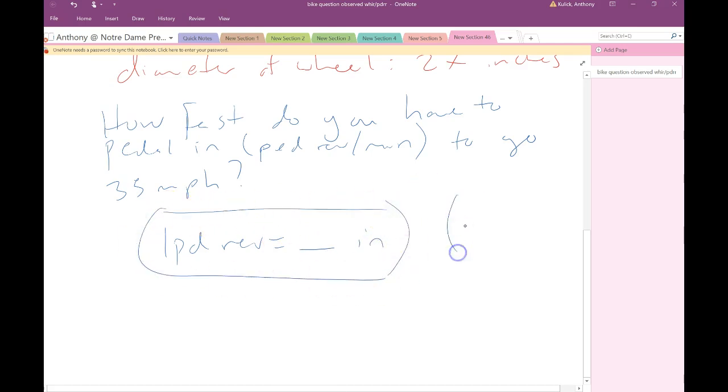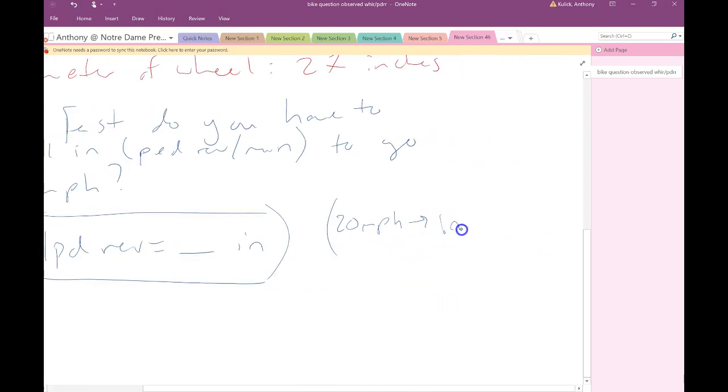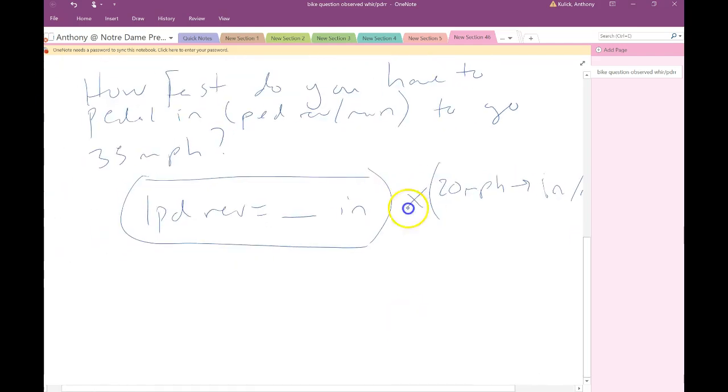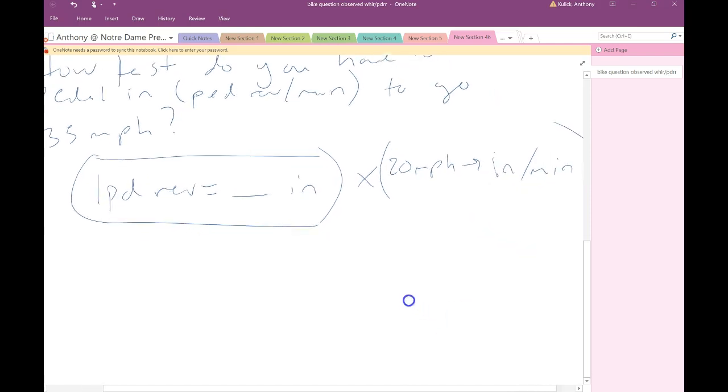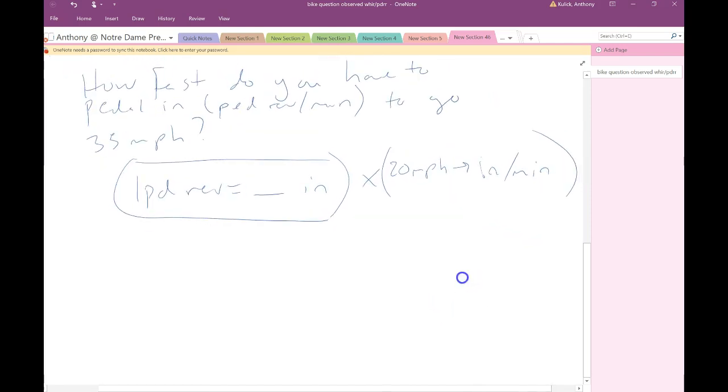And then 20 miles per hour is equivalent to so many inches per minute. And then we did a multiplication using these two ratios. So you could do it that way. So that's one way of doing it.